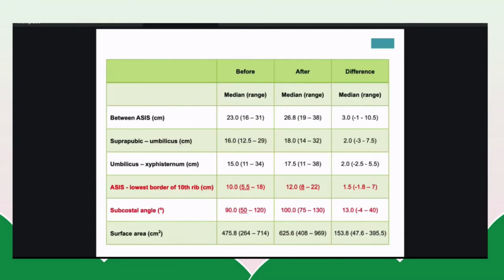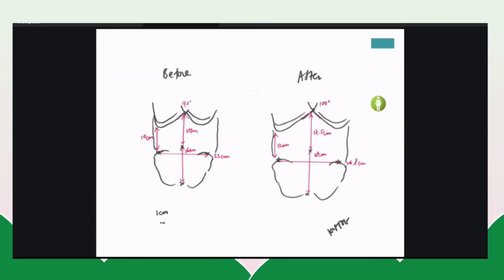You can see that some patients may have an acute angle of just about 50 degrees, and even after pneumoperitoneum, it's still less than 90. So you can imagine that if we have a small patient with such a small surface area, it's quite difficult for us to put in the port. This is a schematic diagram before and after the pneumoperitoneum.